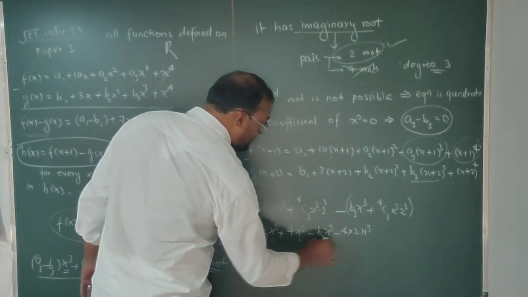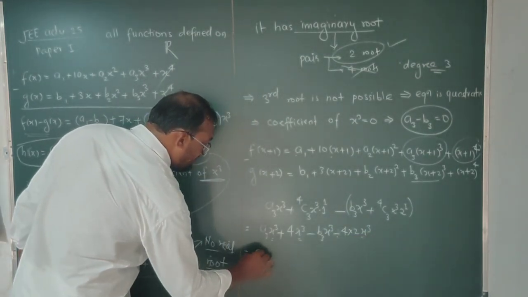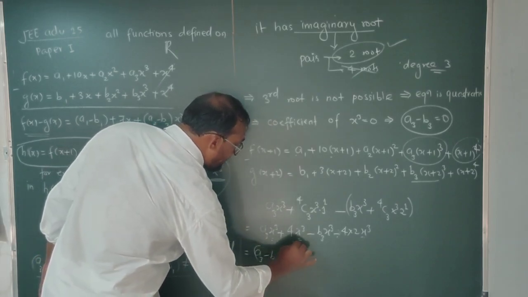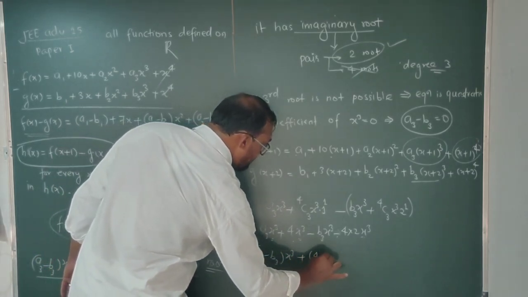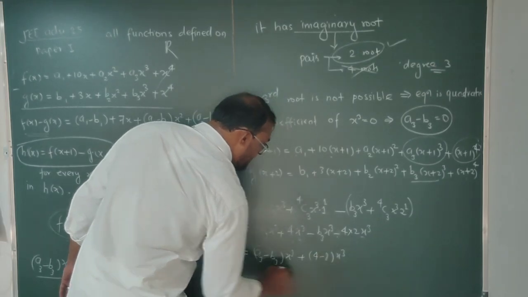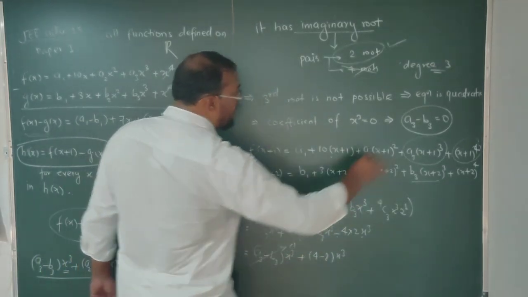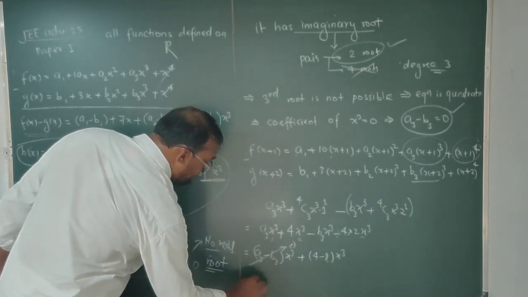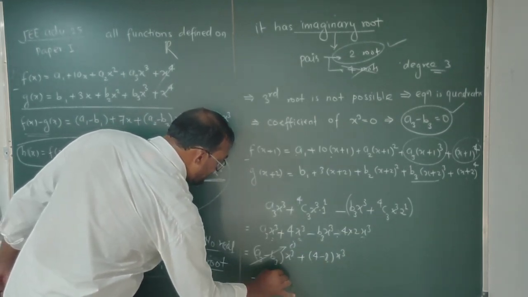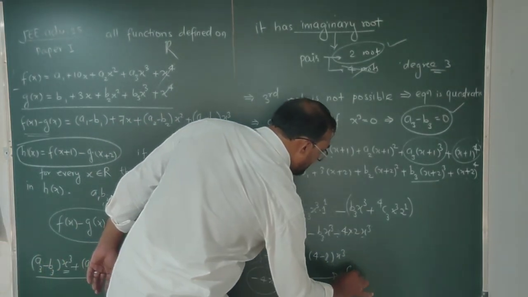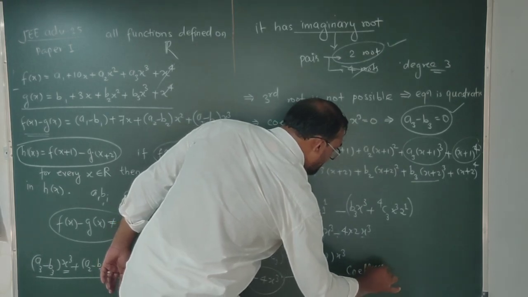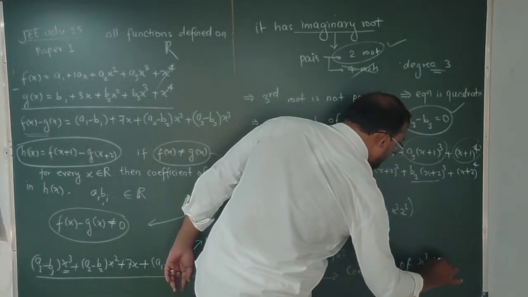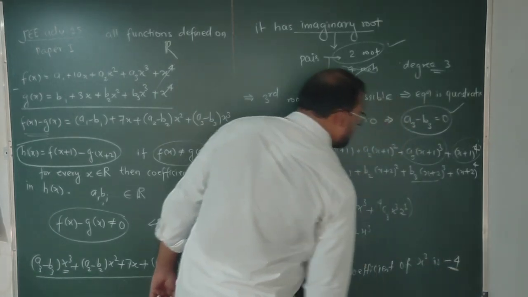There is x cube, x cube, x cube, so this becomes a3 minus b3 into x cube, and this becomes 4 minus 8 x cube. a3 minus b3 is 0, as we have found. 4 minus 8 is minus 4 x cube. So therefore the coefficient of x cube is minus 4.